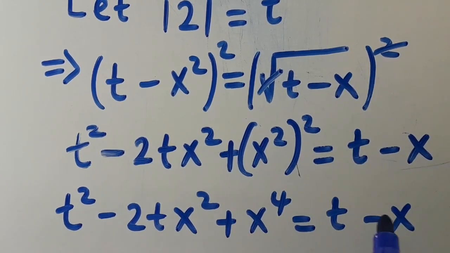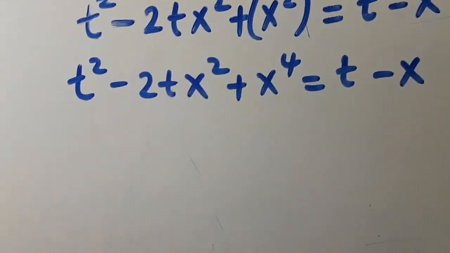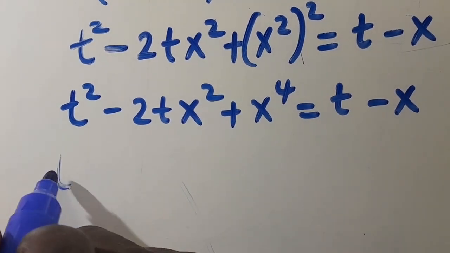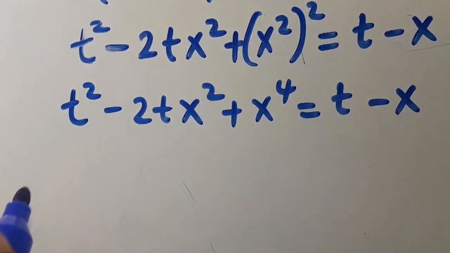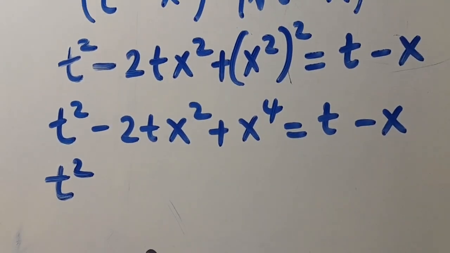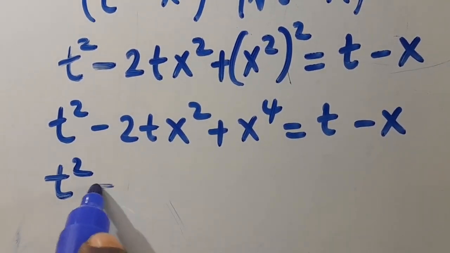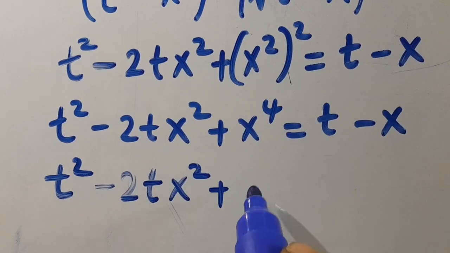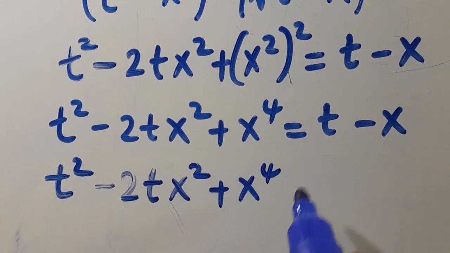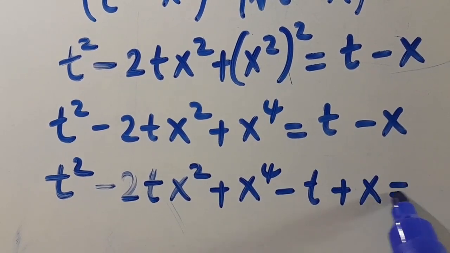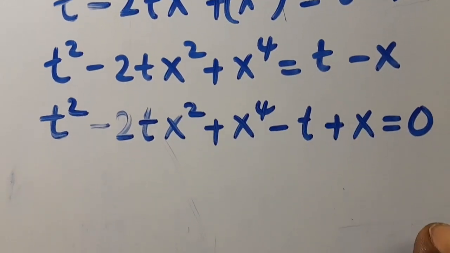Let's rearrange the expression. Let's take this to this side. Then we are going to have t square minus 2t x square plus x to the power of 4, and when this one comes here, it will be minus t plus x, with everything equal to 0.